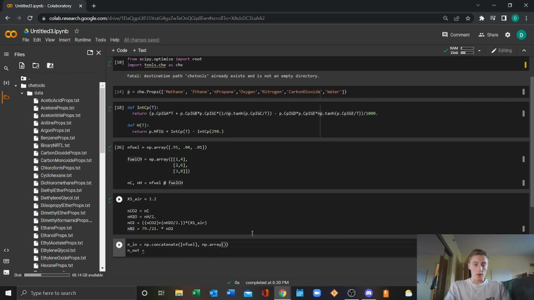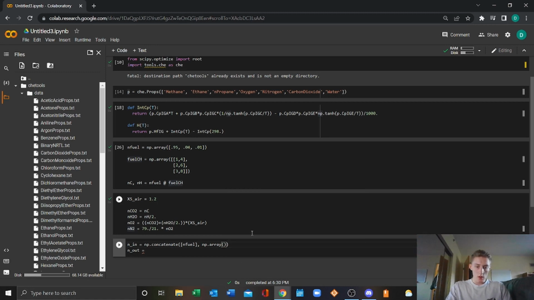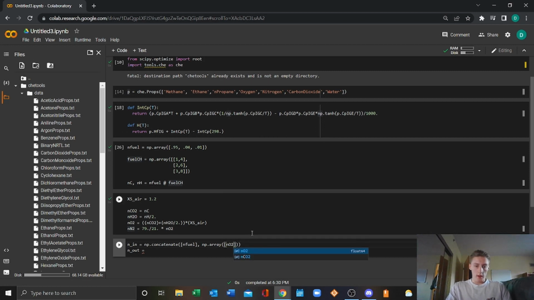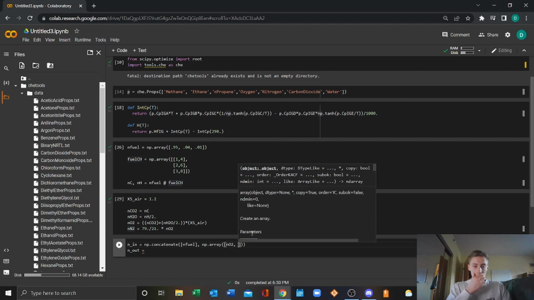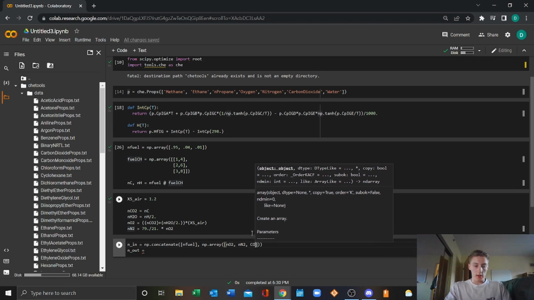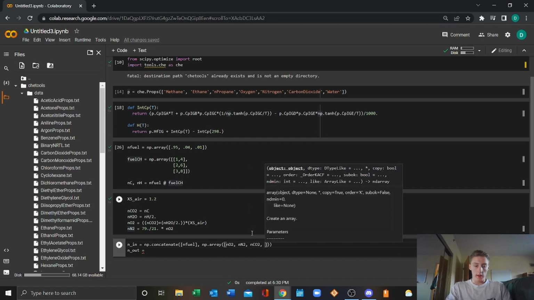We're going to add on to the N fuel, so then our NO2. Next is nitrogen, N2, then CO2, and then H2O.